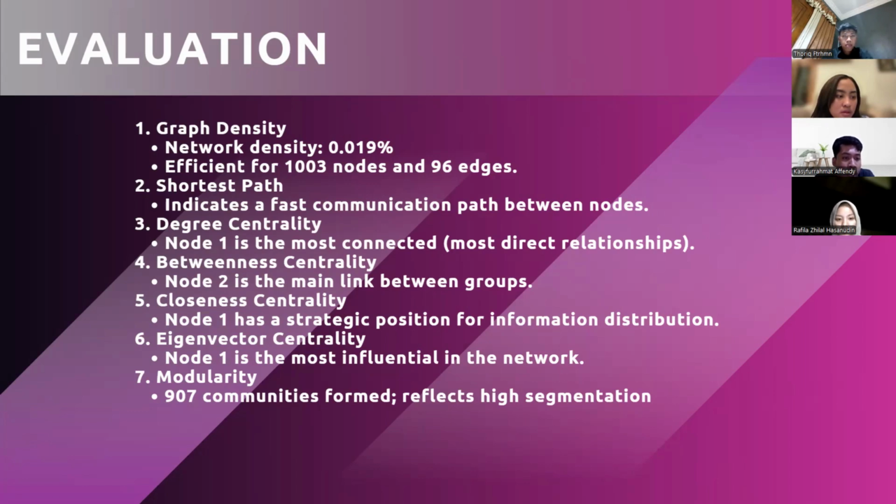Node 1 has the most connections, or the most direct relationships. Number 4, betweenness centrality. Node 2 is the main link between groups. Number 5, closeness centrality. Node 1 has a strategic position for information distribution. Number 6, eigenvector centrality. Node 1 is the most influential in the network.